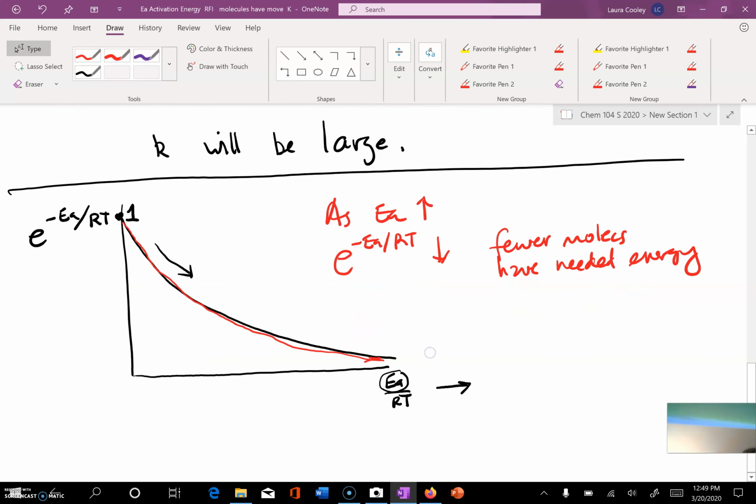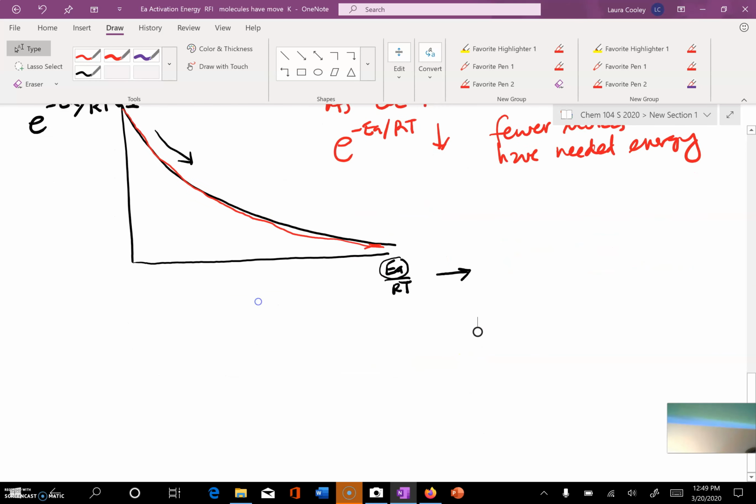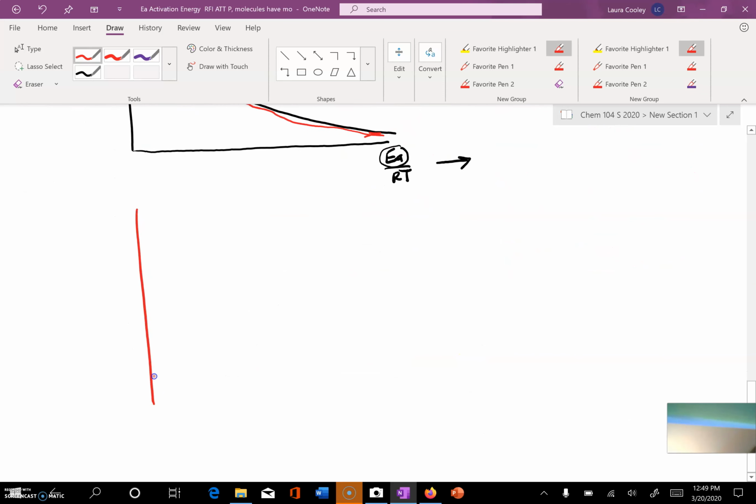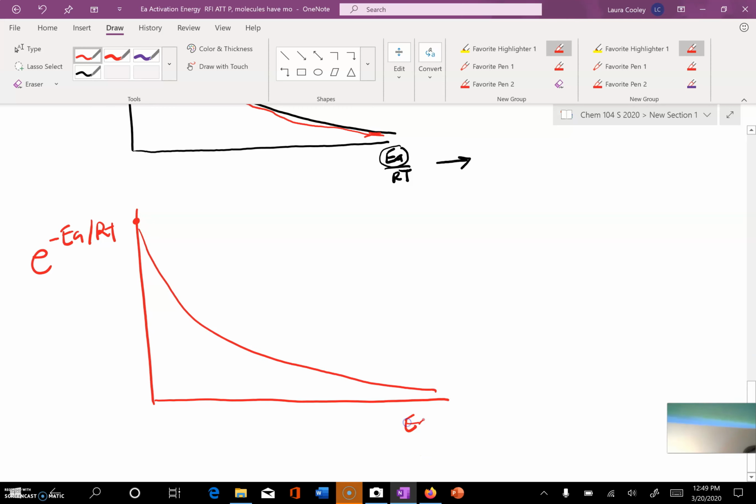But we can also use this graph to see what happens as the temperature changes. Again, we have e to the minus EA over RT going like this, and we have EA over RT. Now, as the temperature increases, which way are we going on this curve? Temperature, notice, is in the denominator. So as T goes up, EA over RT goes down, so we're going in this direction.